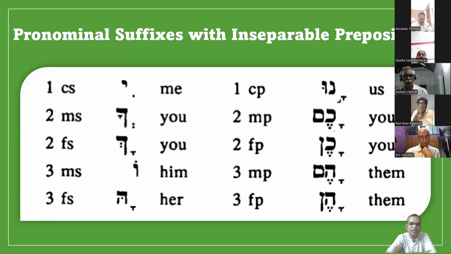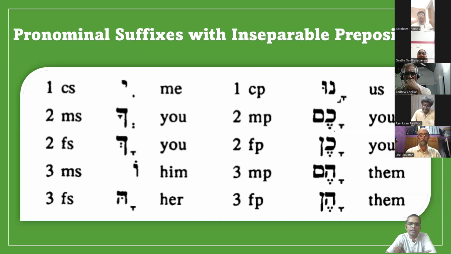Third feminine singular, qamets followed by he with mappiq, meaning her. First common plural, accented qamets plus nu, meaning us. Second masculine plural, qamets plus kem, meaning you. Second feminine plural, qamets plus ken, meaning you. Third masculine plural, qamets plus hem, meaning them. Third feminine plural, qamets plus hen, meaning them.